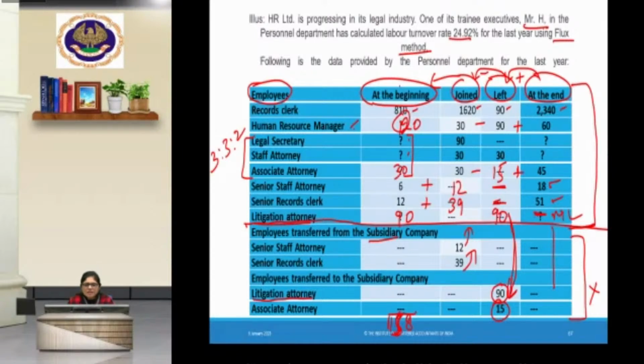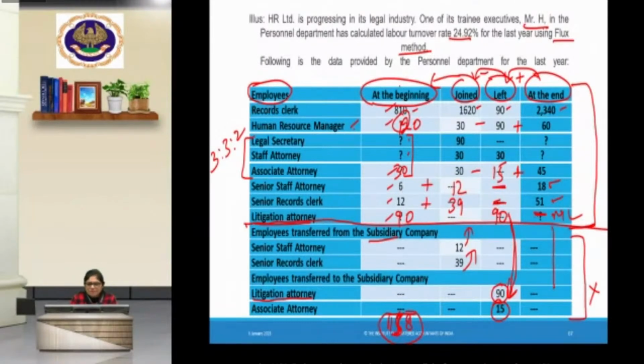All right. Now, how can you calculate the missing ones? See, the total is 1158. Deduct everything in the beginning, all the figures you have. So from 1158, deduct 810, deduct 120, deduct 30, deduct 6, deduct 12, and deduct 90.